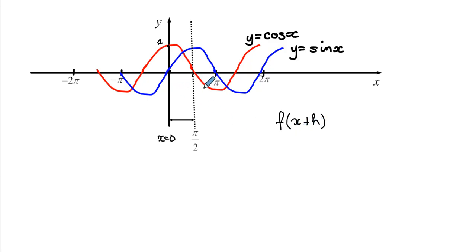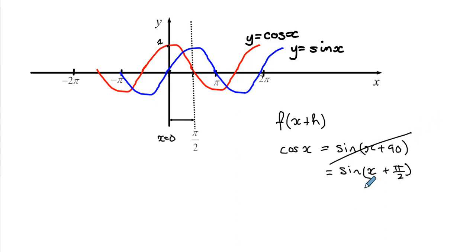This is the identity we know from long back, that cosine of x is equal to sine of x plus 90 degrees. But here we're going to work in radians, so it is still the same thing: cos of x is the same as sine of x plus half pi, which is an equivalent angle to 90 degrees.